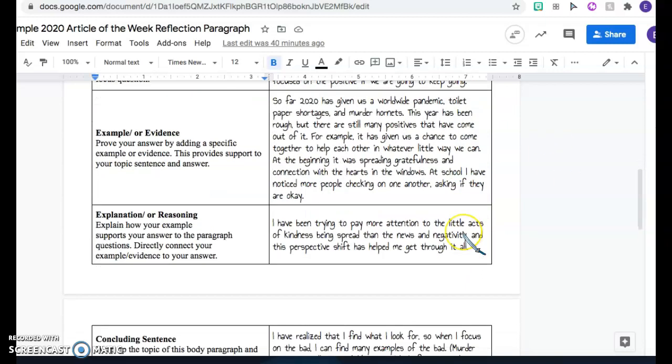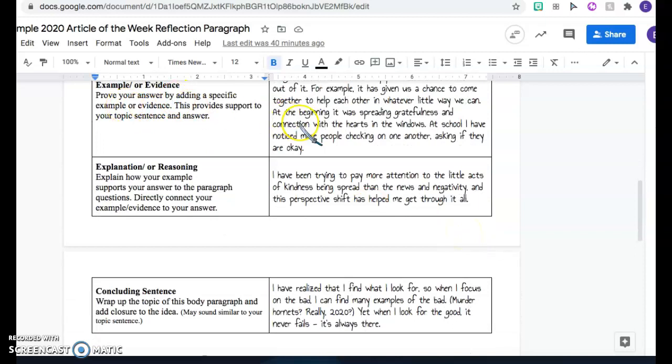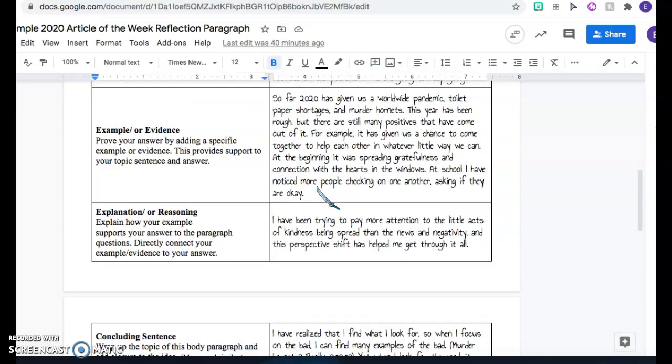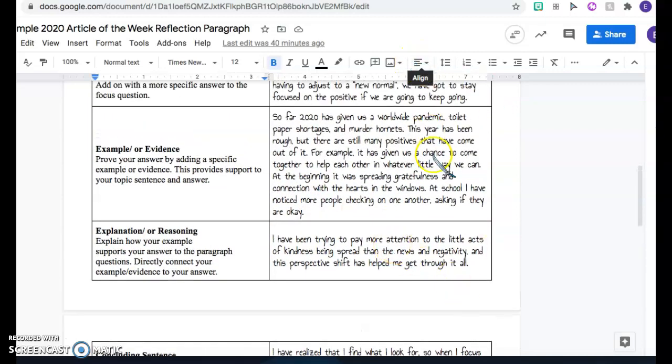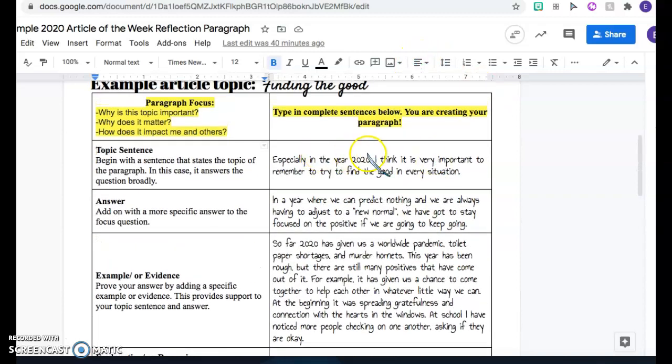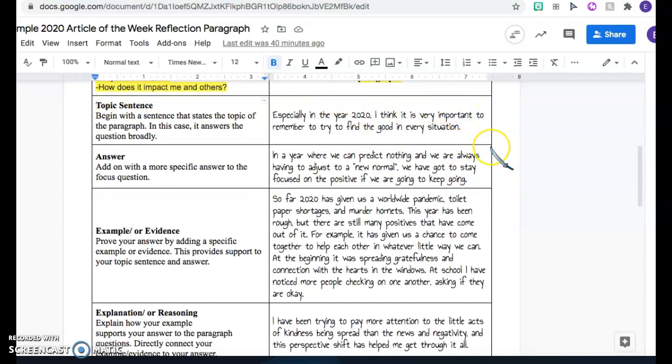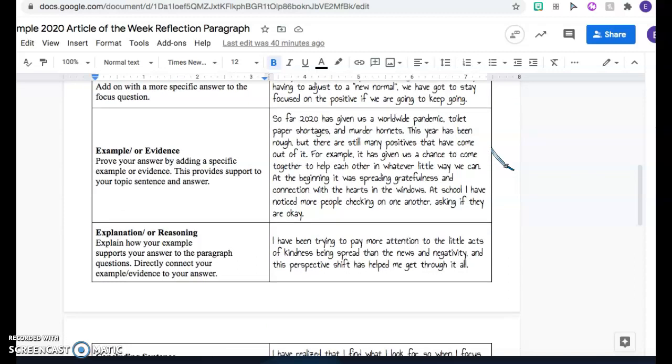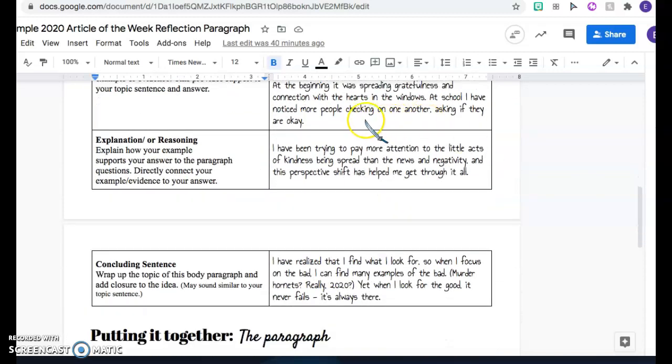Essentially, what you are creating through this brainstorm section, topic section, graphic organizer section, there we go. And the explanation reason section is support for your answer. So you are proving that you, in this case, think finding the good is a very important skill to have.